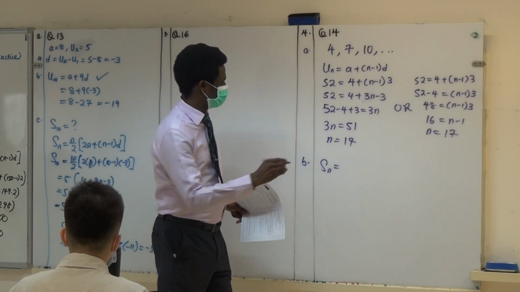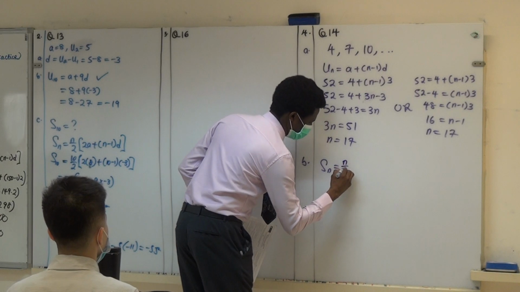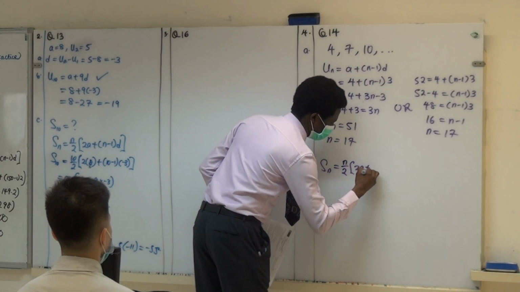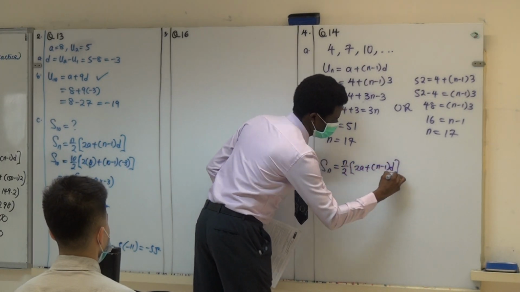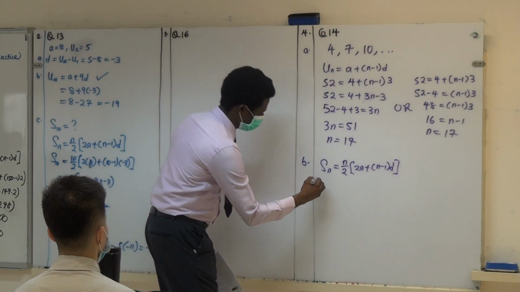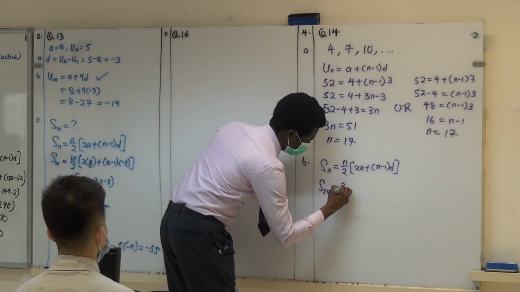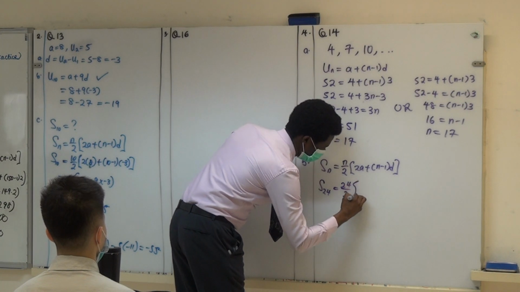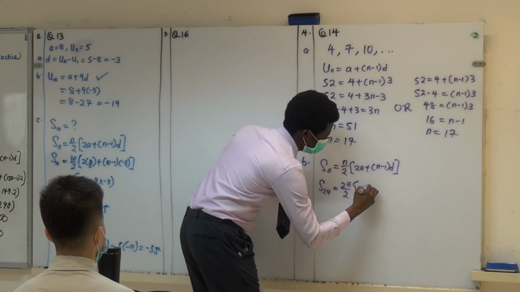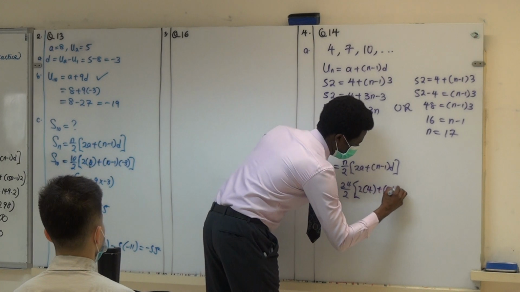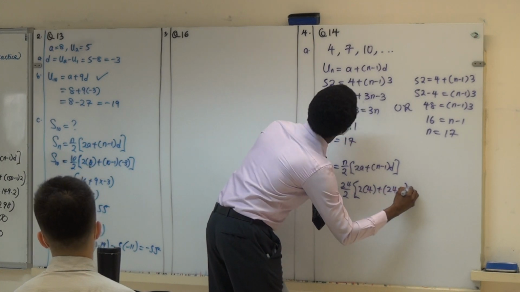Sn is n over 2 times (2a plus (n minus 1)d). So S24 will be 24 over 2 times (2 times 4, plus (24 minus 1) times d). D is 3.